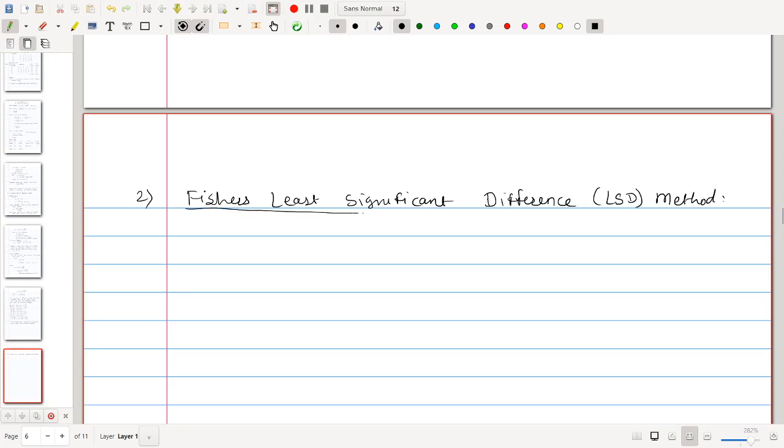In short form, it is called Fisher's LSD test or Fisher's LSD method. Similarly, just like our Tukey's test, we want pairwise comparison: H0: mu i is equal to mu j versus H1: mu i is not equal to mu j, for i not equal to j.